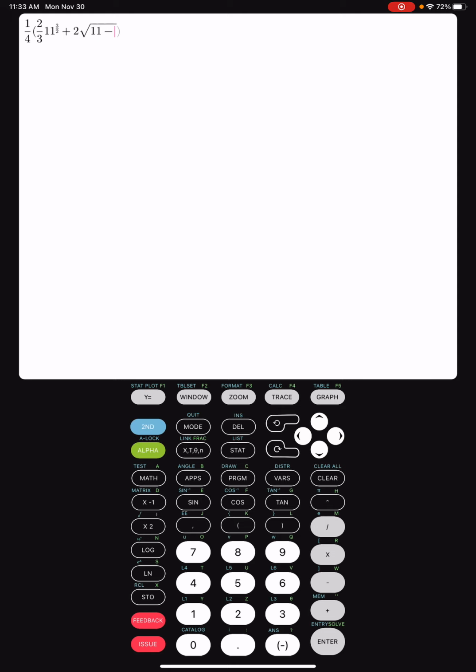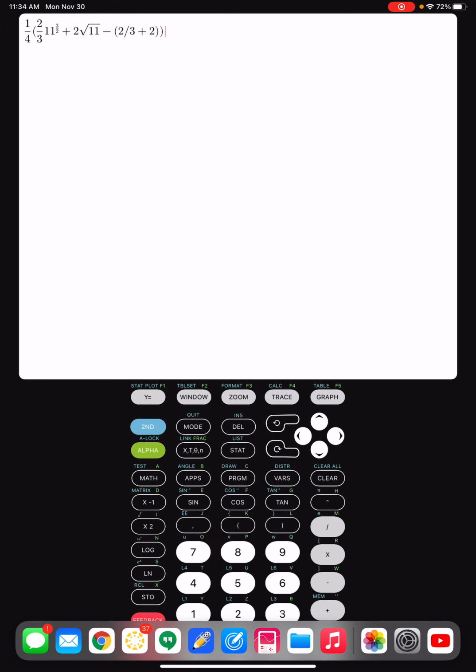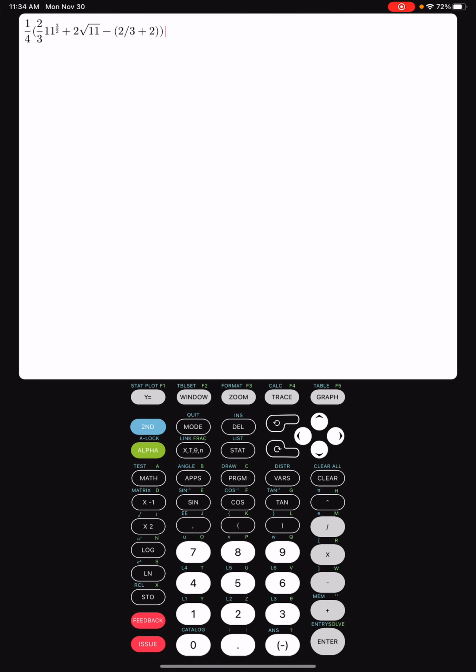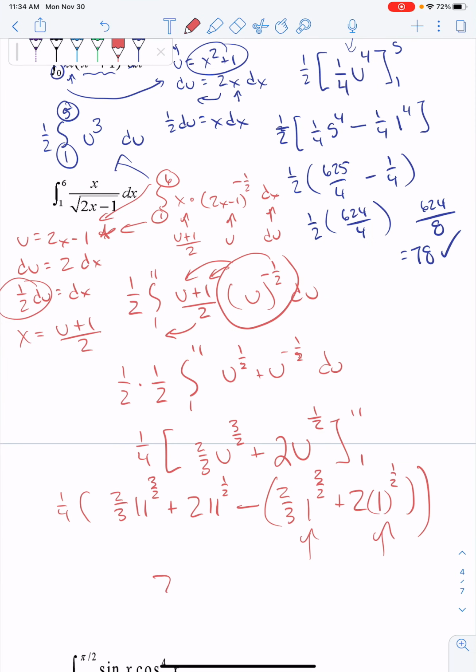And then I'm going to minus, and I need to put my 2/3 plus 2, because all of those ones become 2/3 and 2. 2/3 plus 2, and close my bracket. See what we get: 7.07212.